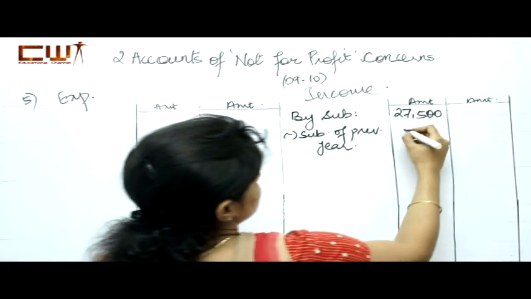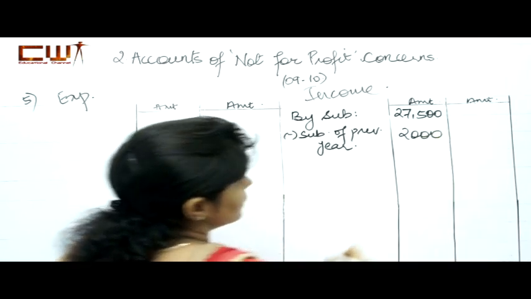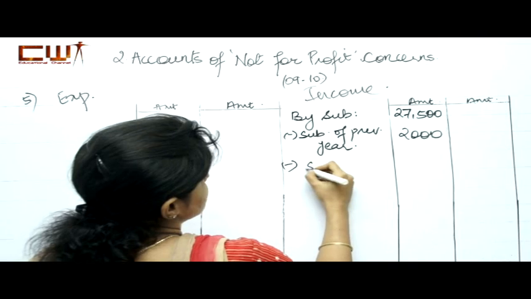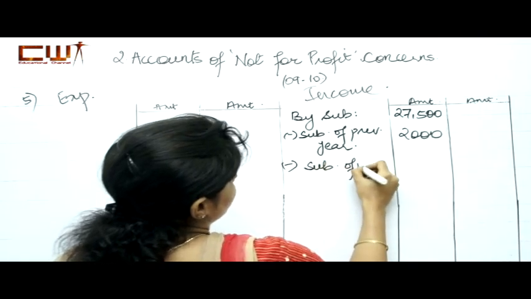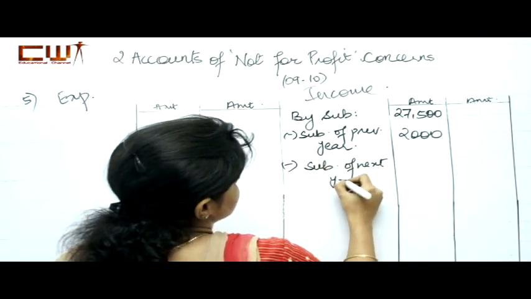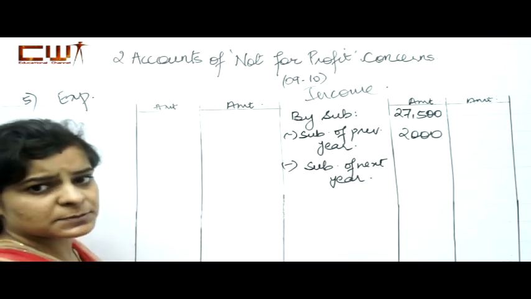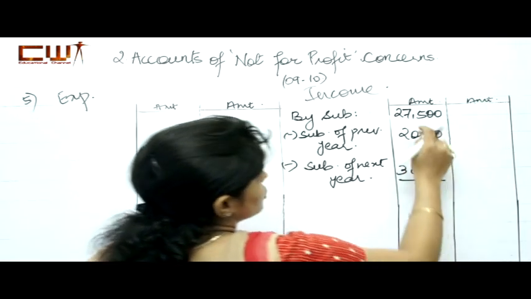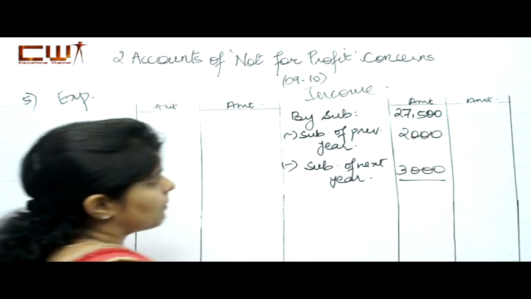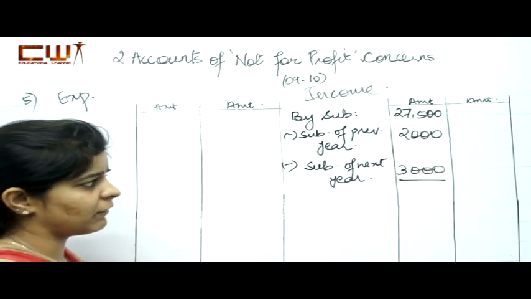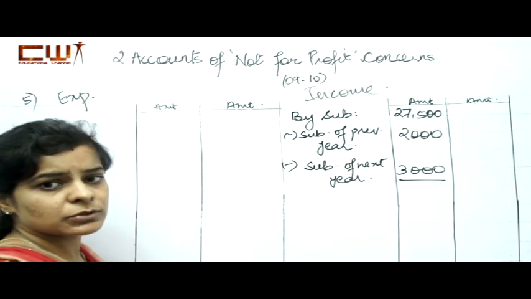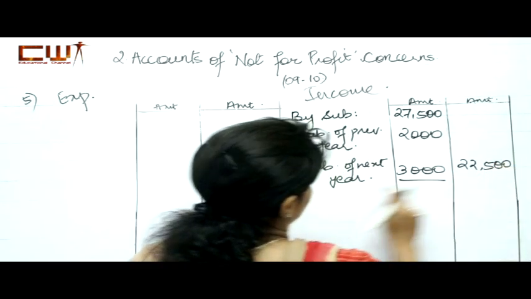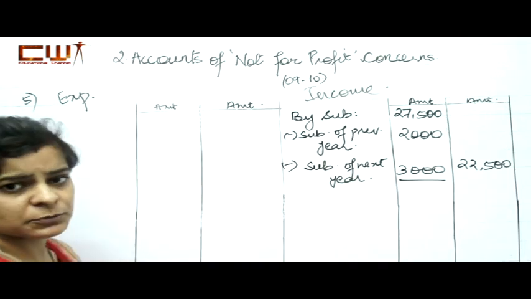Subscription of the previous year you will subtract 2,000, right? And you will subtract the subscription of the next year. How much have they given as subscription of the next year? 3,000. So 27,500 minus 2,000 will give you 25,500. You will subtract 3,000 from it. Final figure would be what? 22,500. So this is how you will do the subscription part.